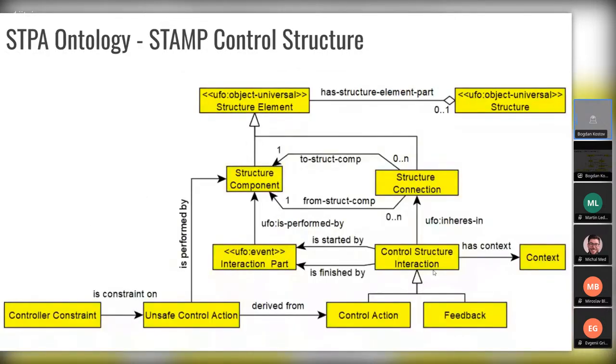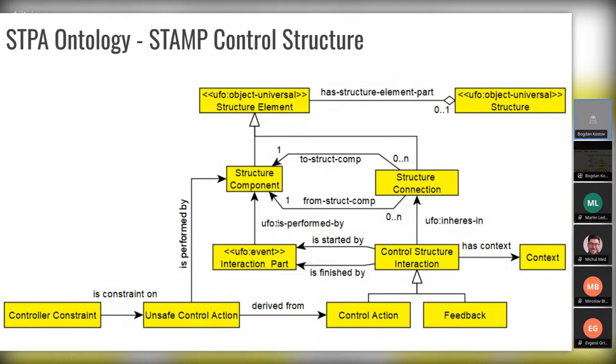So I'm going to transition into explaining a little bit how the STPA ontology works. It is based on the STAMP ontology to describe the control structure. So here in this diagram, we see the control structure and how we can describe it using the ontology. We start with the control structure, which has elements, and these elements could be either the components or the connections.